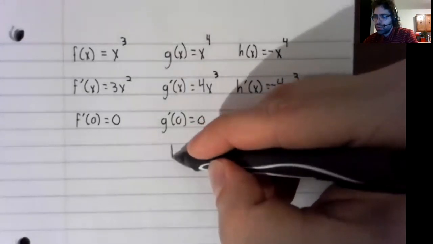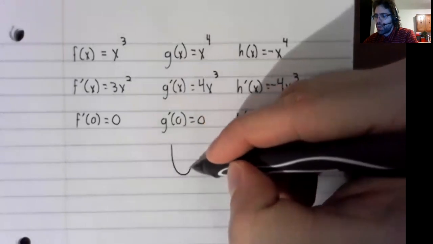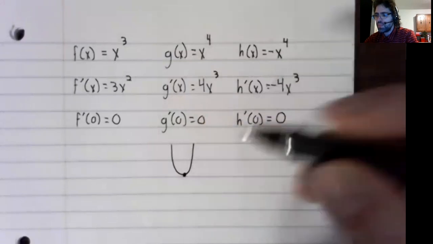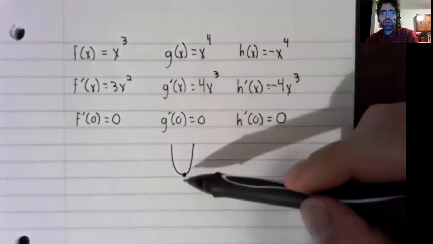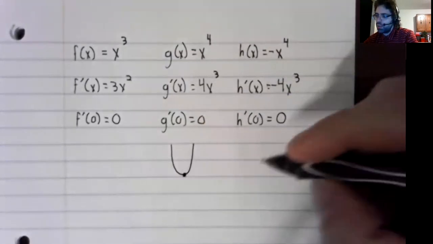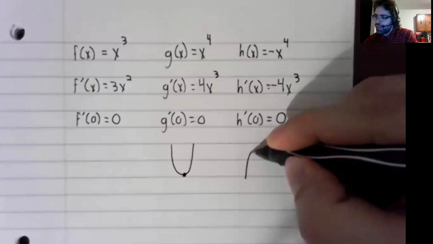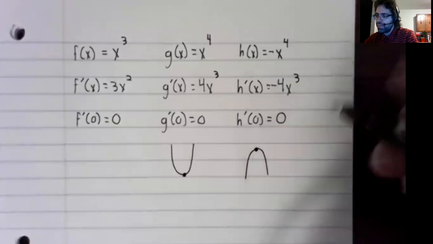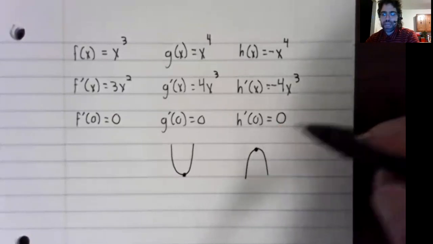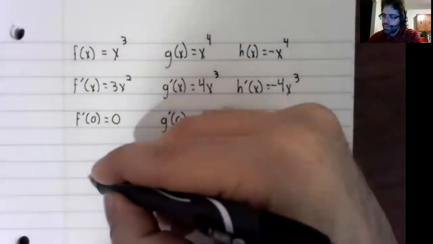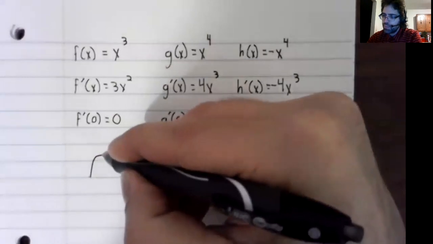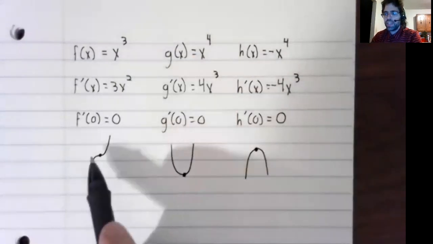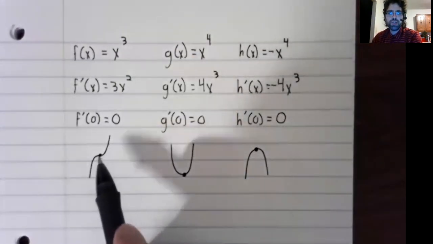And just using our knowledge of what graphs look like, for x to the 4th, this is a local minimum. Negative x to the 4th, it's a local maximum. X cubed, it's neither.